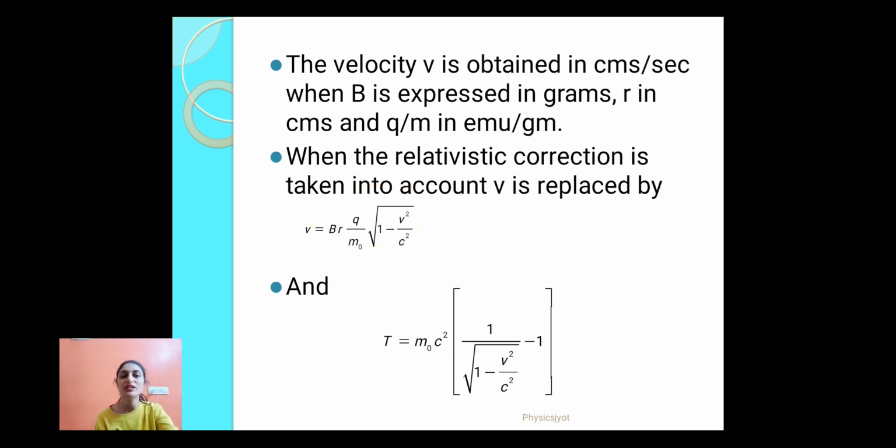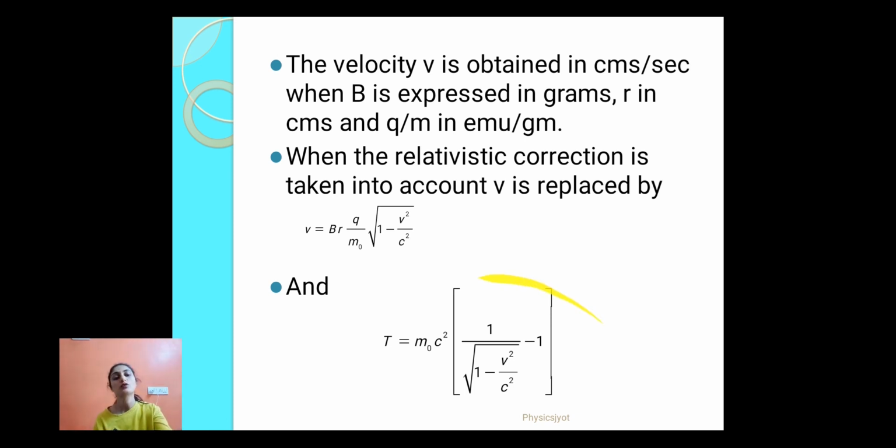And the total energy, we know, is the sum of rest mass energy and kinetic energy. Rest mass energy is given by m0 c square, plus kinetic energy, half mv square. Now here we have applied the relativistic correction. We have replaced m by m0 upon root of 1 minus v square by c square, and obviously in half mv square, v also we will replace by c because it has acquired a velocity comparable with the velocity of light.